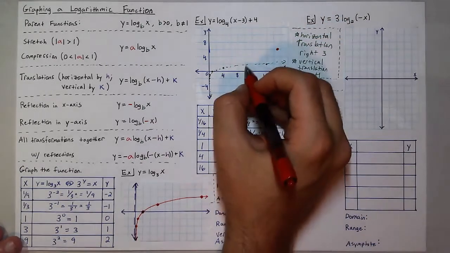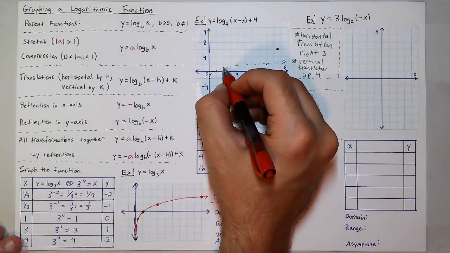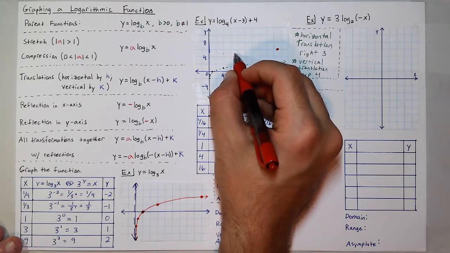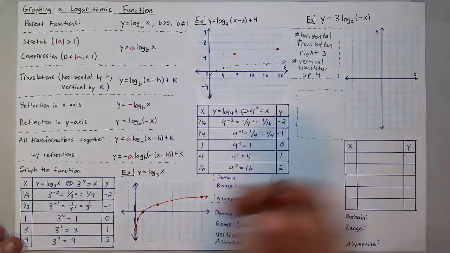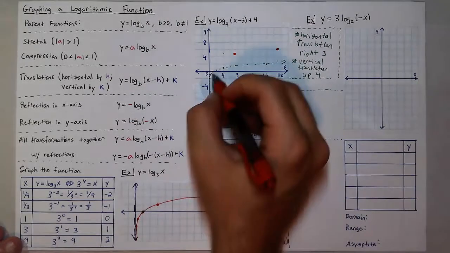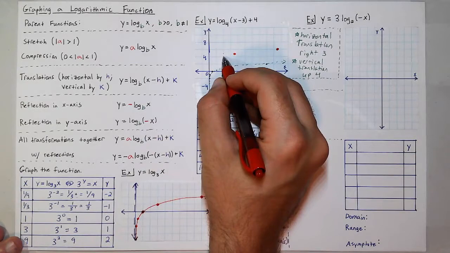And every point's going to follow that pattern. So the one here at 4, 1 is going to go up 4 to 5, and then right 3 from 4 to 7. The point here at 1, 0 is going to go up 4 to 4, then right 3 to 4 as well.